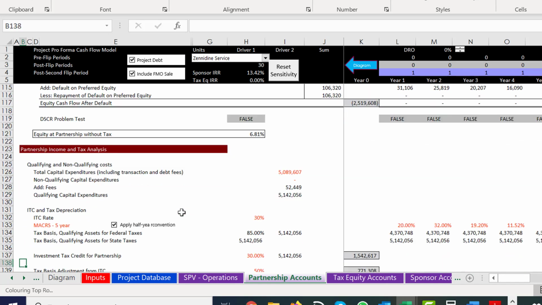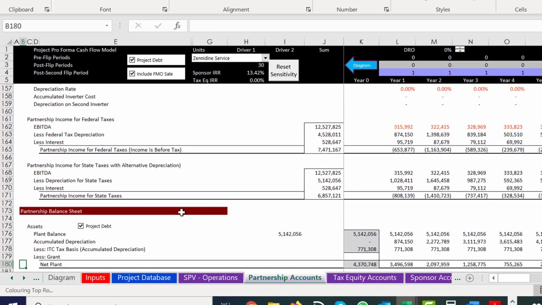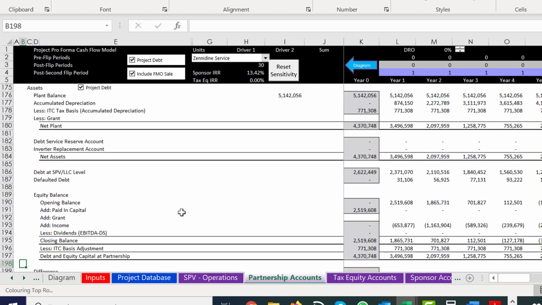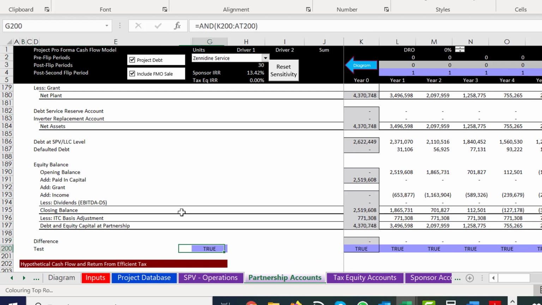Now, the partnership, remember, does not actually pay taxes, but the partnership generates these ITCs and tax deductions. So we'll talk a little bit about some of the tax issues and the associated modeling. That's really kind of standard. And then we'll put in this balance sheet, and then we'll be kind of finished with this. This balance sheet might seem like a waste for our little test, but it should go into an audit page.